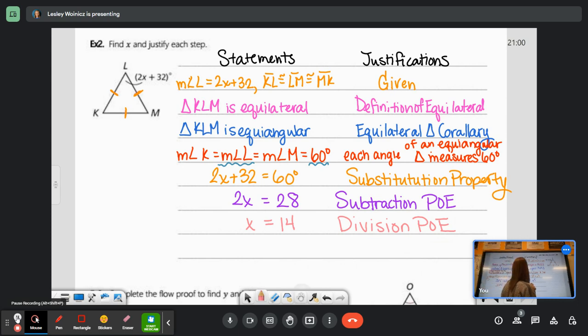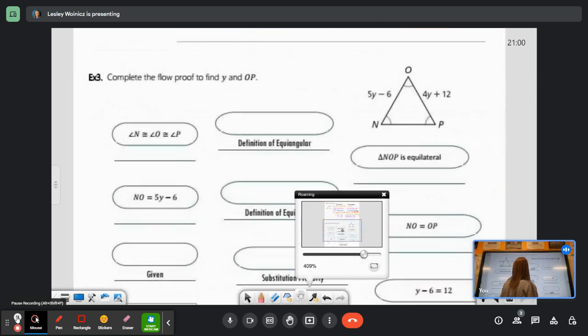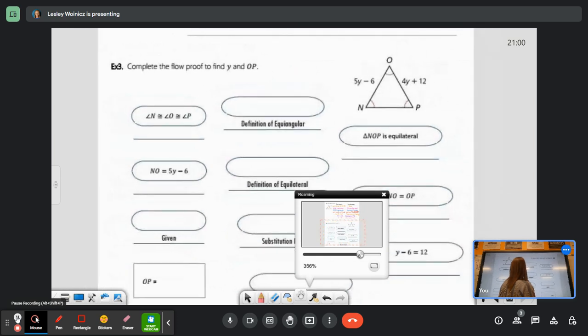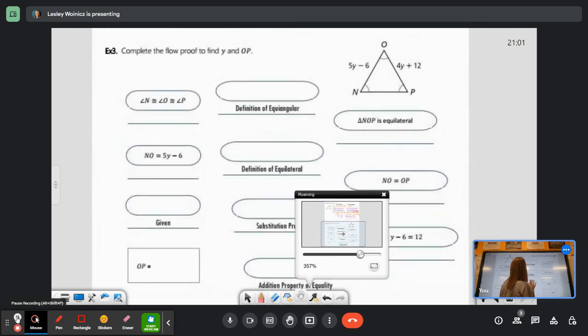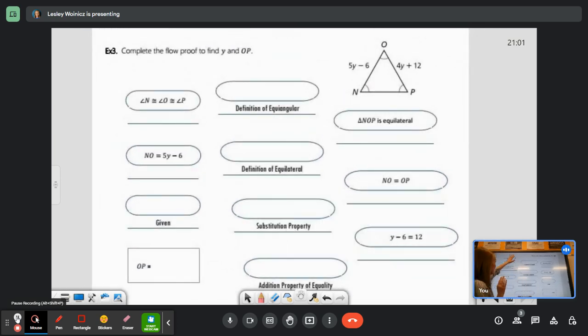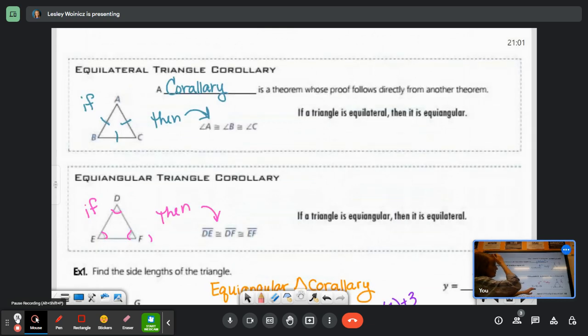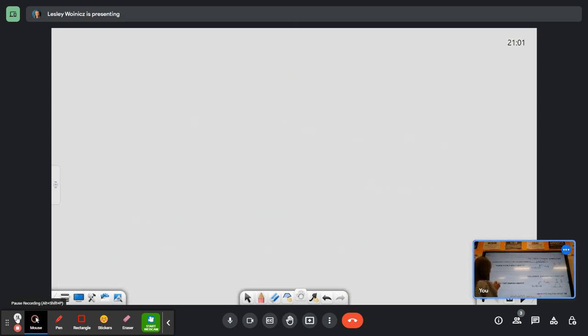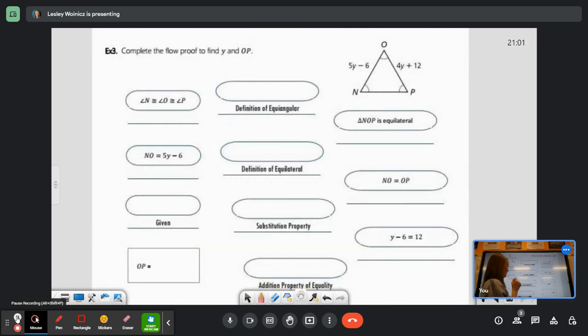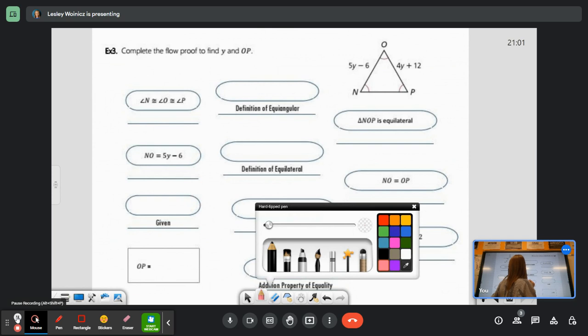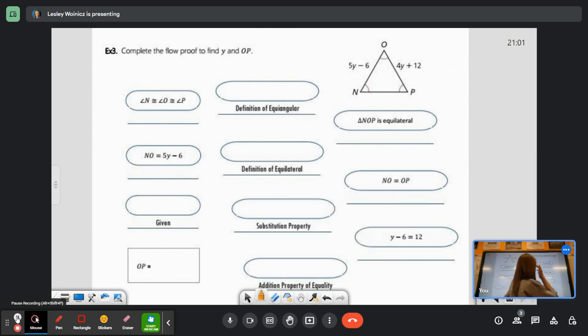Okay, next. Now we're going to do another flow proof. So instead of starting with the sides all congruent, we're starting with the angles all congruent. So we're going to have to use the equiangular triangle corollary. I'm reminding you as well as me. All right, so let's start with our givens.